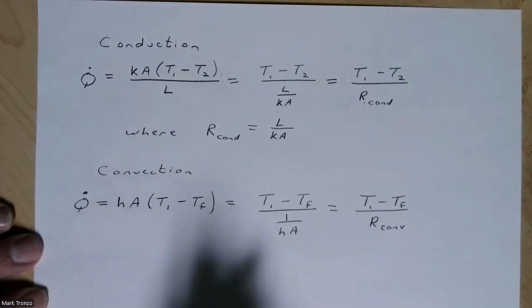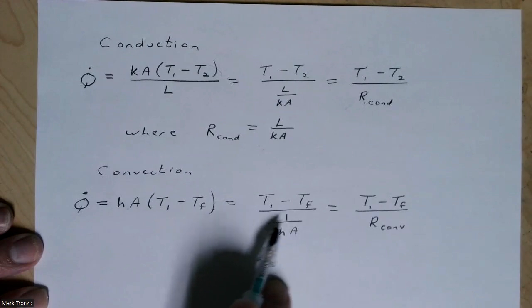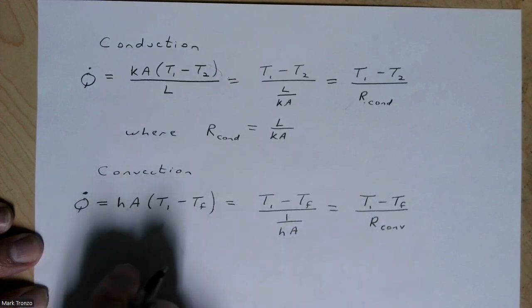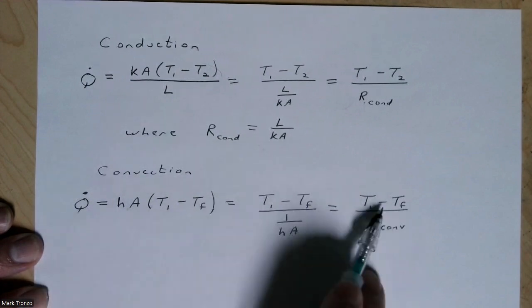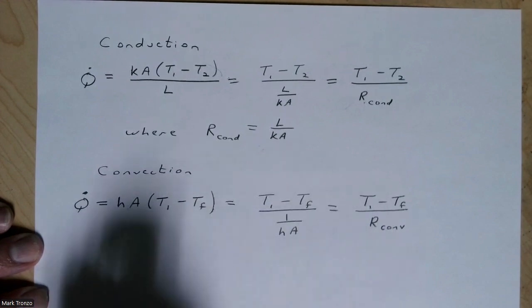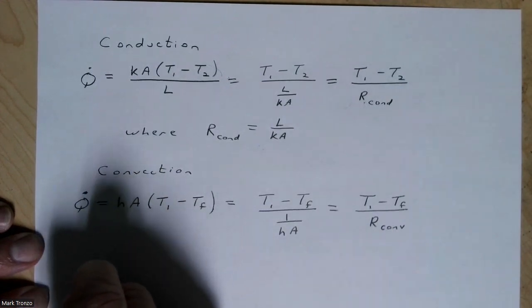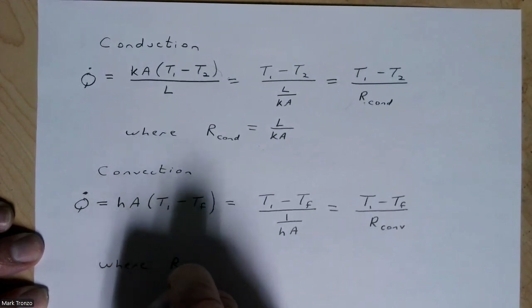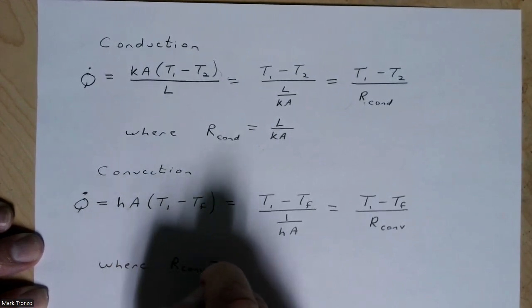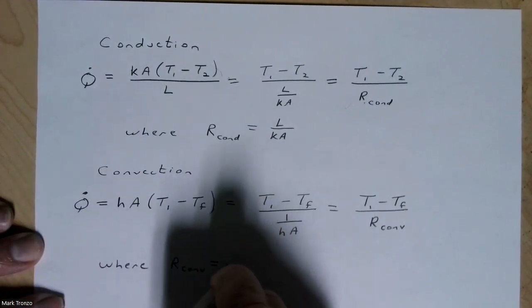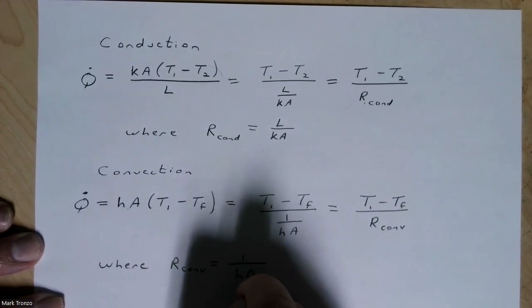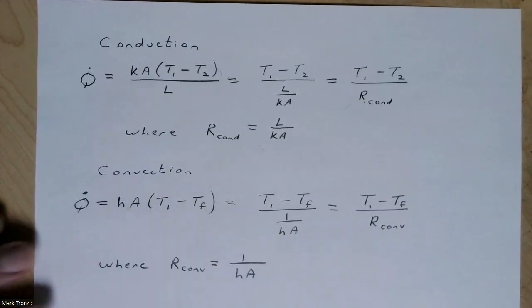So once again, we can think of this fraction here as being some kind of resistance. We'll call it R convection. So we could use this equation here to calculate our convection heat transfer, like this.